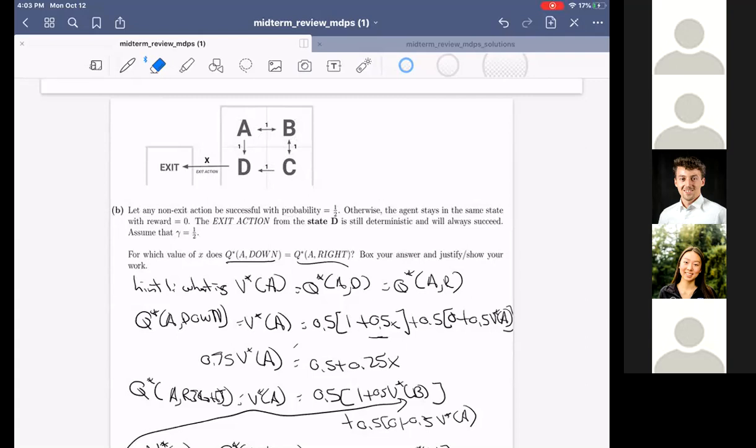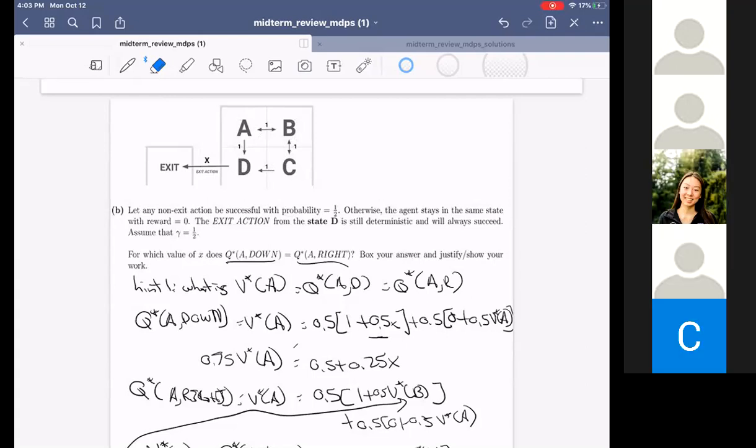If we say that either going right or going down gives us the same value, then both actions are just as good. And so either of them can be treated as the optimal action. Q star of A is equal to Q star of A down is equal to Q star of A right. Got it. Thank you.